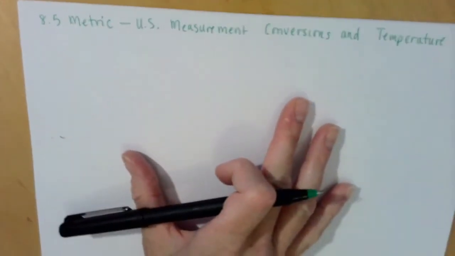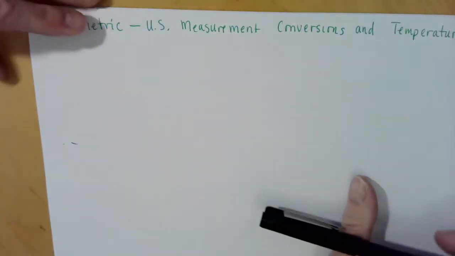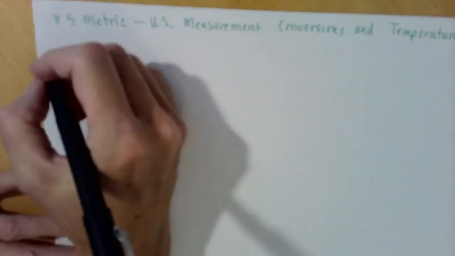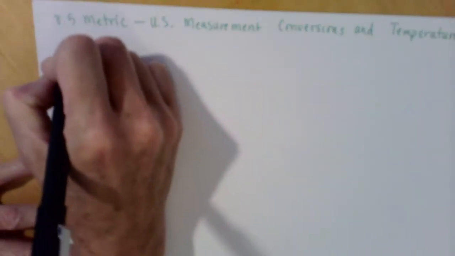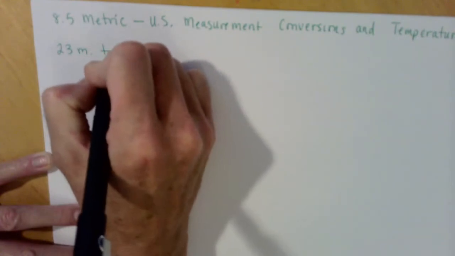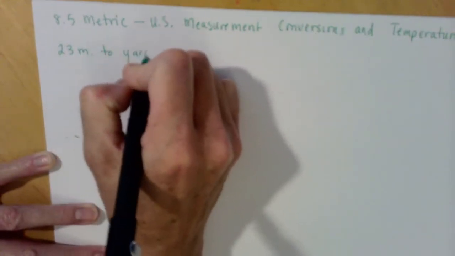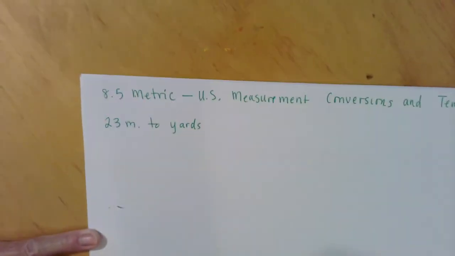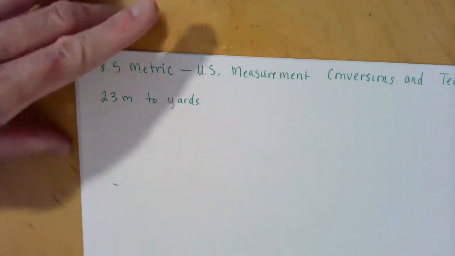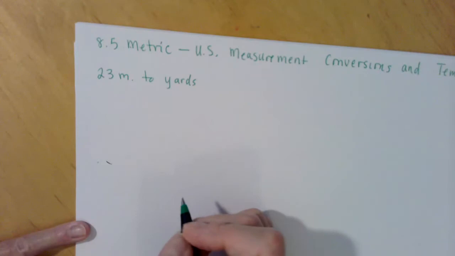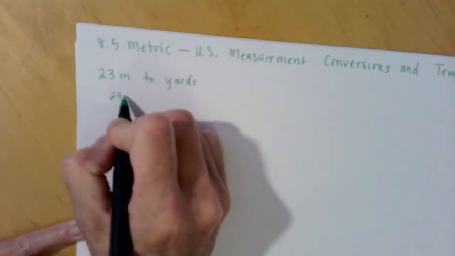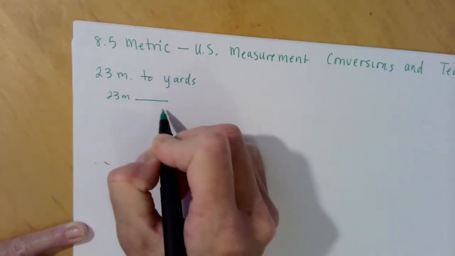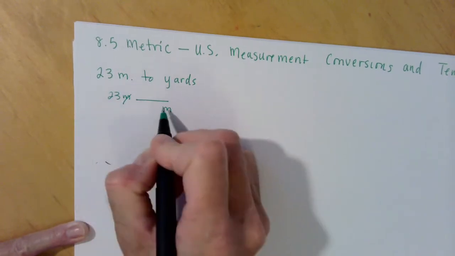All right, so it wants us to change 23 meters to yards. That's the first one. Let's see if I put that in the middle, if it'll focus better. Come on, focus. There we go. So I know I need to put my meters right there and then meters right here so that the unit will cancel.